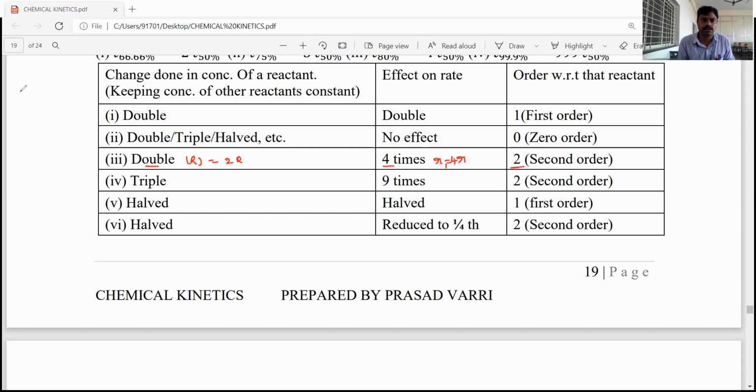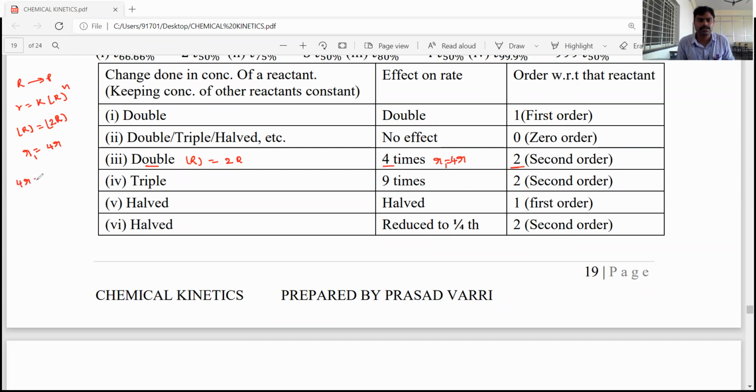Let's see, dear students, take any reaction: R is converted into product. For this R, the rate expression is rate equal to K into R power N. Then the concentration of reactant is double, it becomes 2R. Then the rate R1 is equal to 4R. The rate becomes 4 times, it is increased.